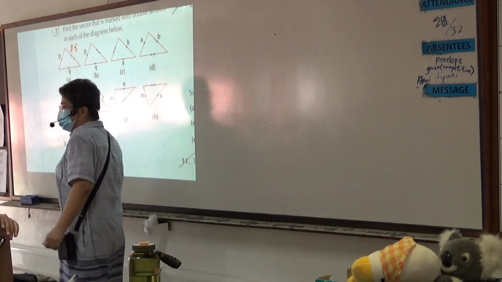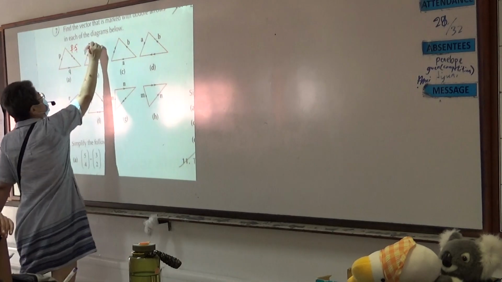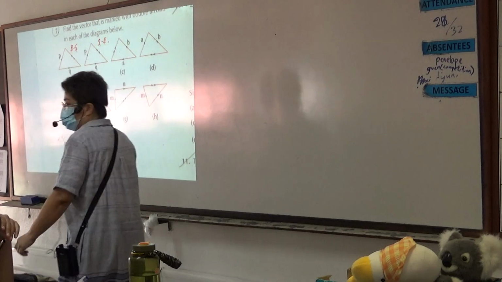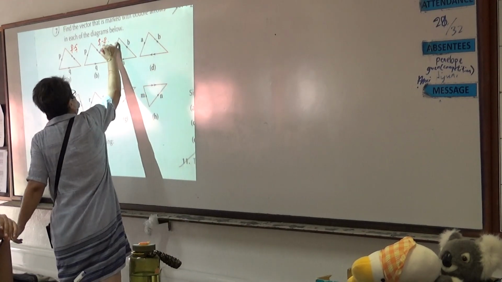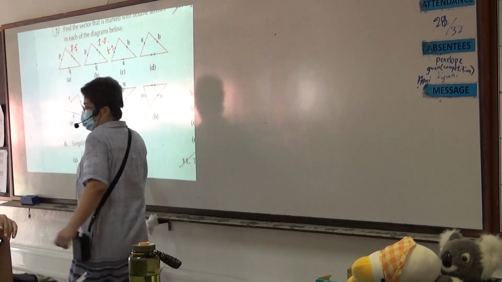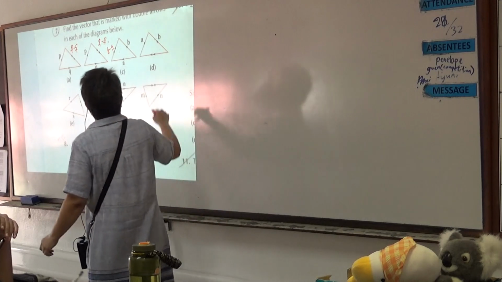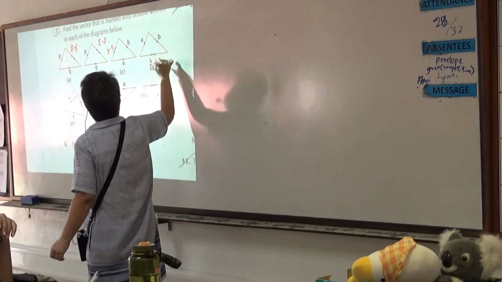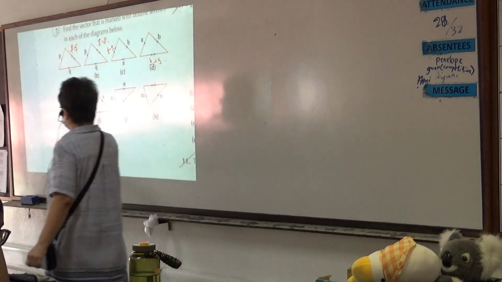Okay? This one is what? P minus Q. Next one? Q minus P, right? Okay, how about the next one? V minus A, right? Next one. B plus A or A plus B also can. Okay? How about this one?